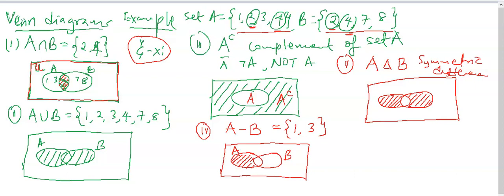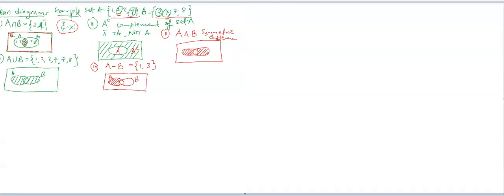We can move on and maybe go to a situation where we have more than two sets. For example, let's consider set A has the elements 1, 2, 3, 4, 5.